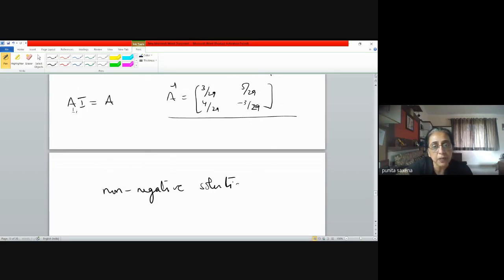Okay. Now, the equations that I picked up specifically had non-negative solutions, so we could proceed on.